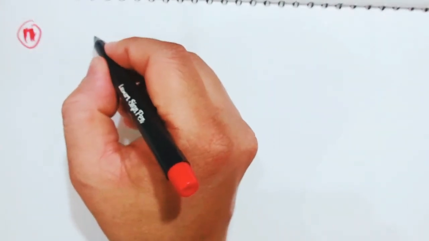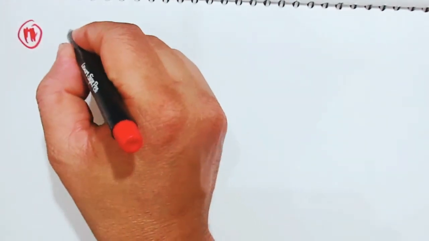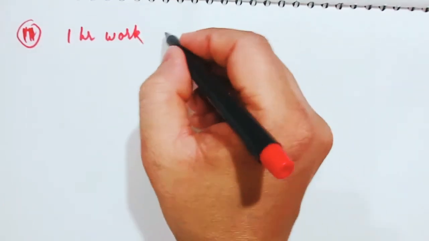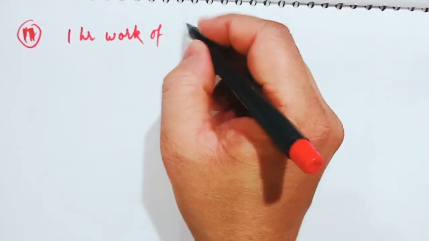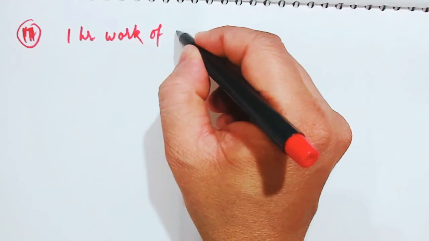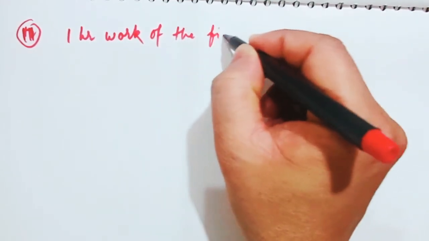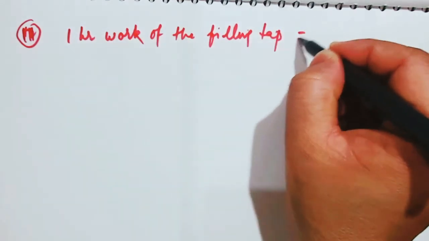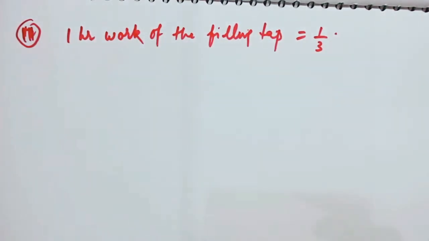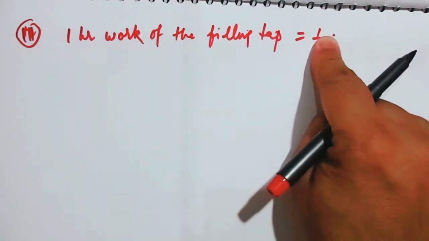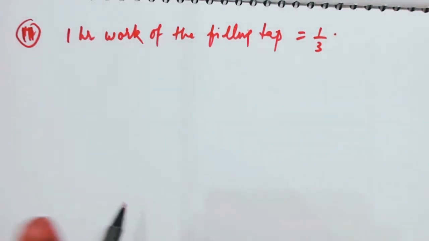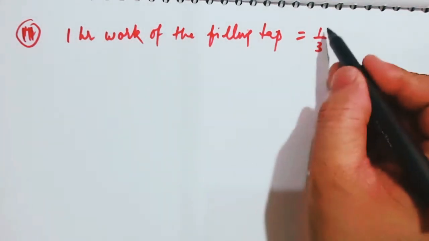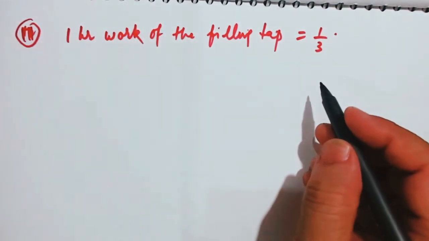So the 1 hour work of the filling tap is equal to 1 by 3, isn't it? So 1 by 3 of the tank is filled in 1 hour. That is, the filling tap fills 1 by 3 of the tank.